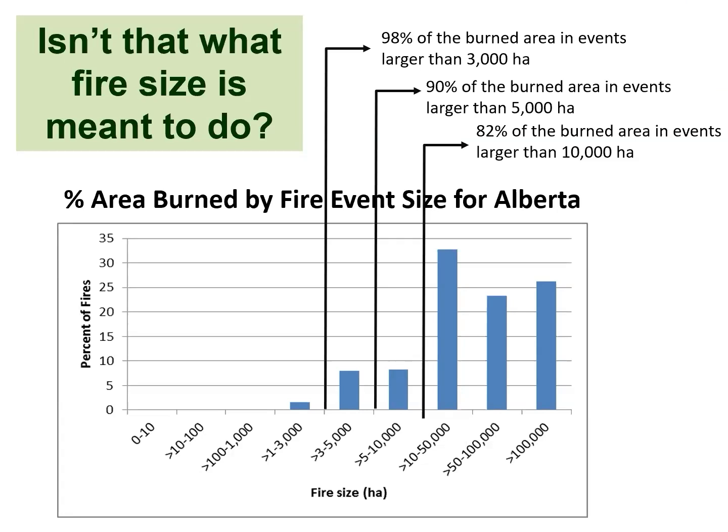And 10,000 hectares is high for a maximum threshold across Canada. It can be down as low as 3,000 hectares, and you can see we're down at 98% of the area burned or in events larger than 3,000 hectares. So it's not really capturing maximum fire size here.